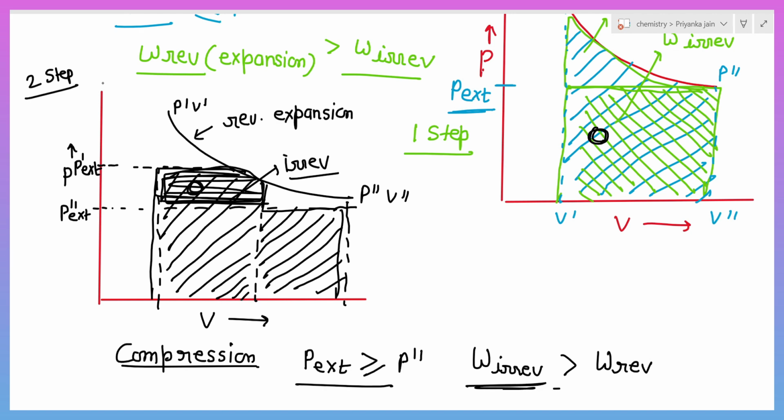And one thing you should remember: as we increase the steps in the case of compression, the irreversible work done will decrease. So the conditions get just reversed compared to the case of expansion.